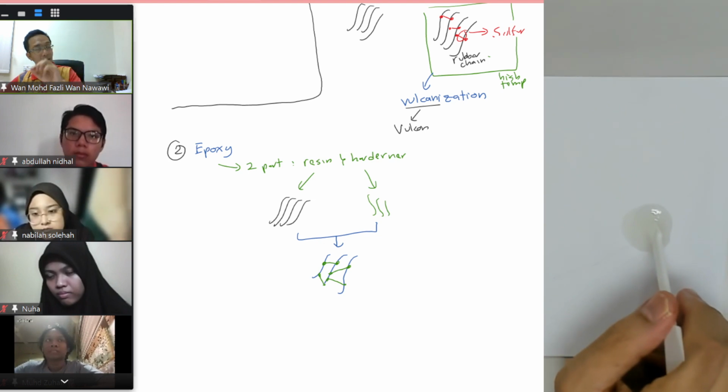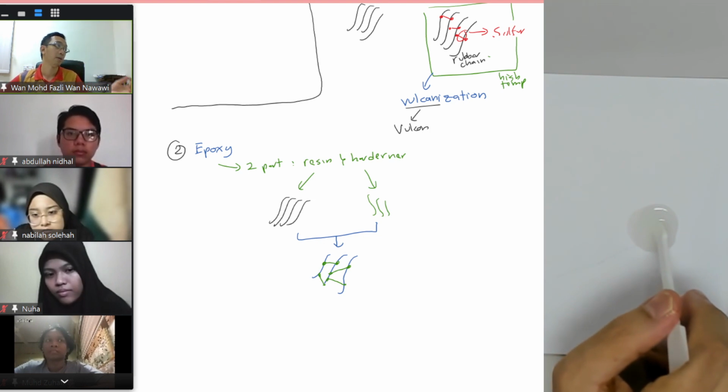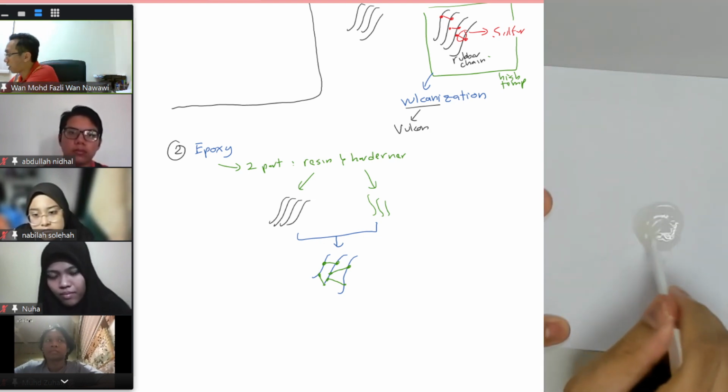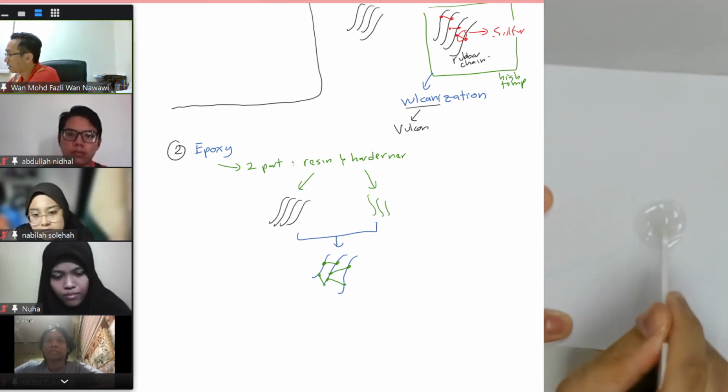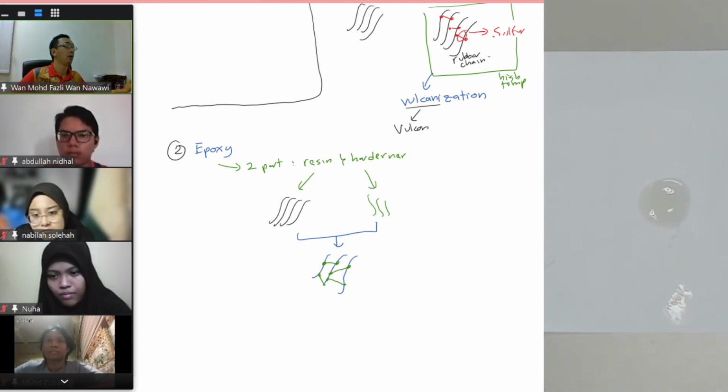Something liquid that then hardens is a property of glue. If you have the mixture on your hand, it's very difficult to scrape off. If I do like this and leave it for a while, it will harden like glue.